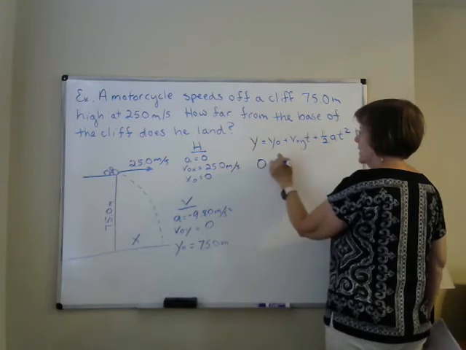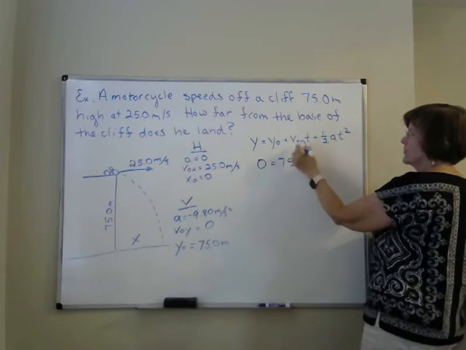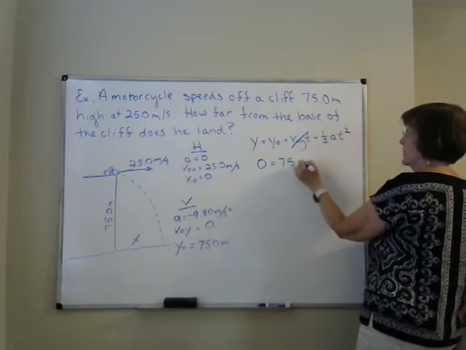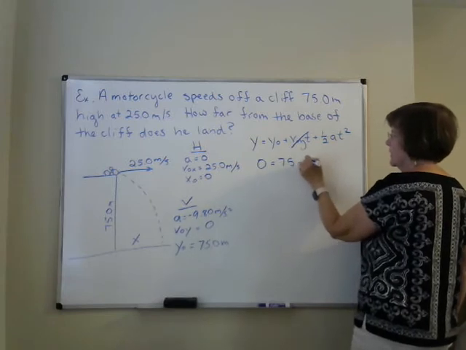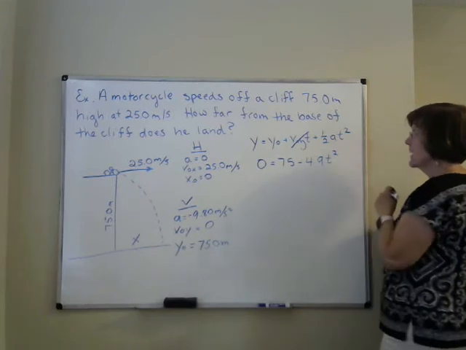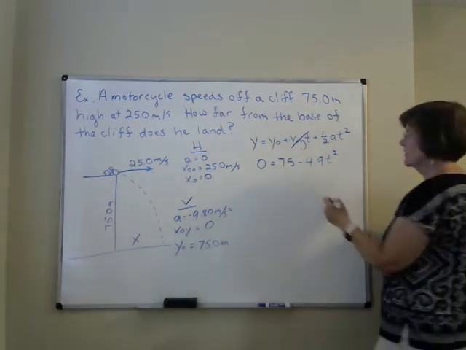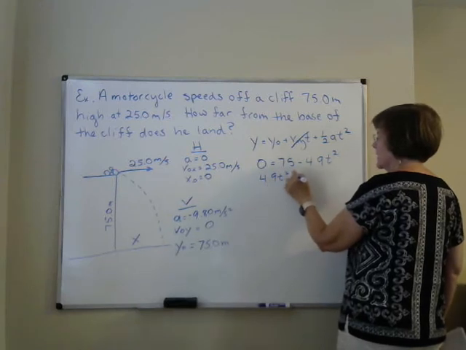He started with a height of 75. He had no initial velocity, so that's going to be 0. And then 1/2 the acceleration is negative 4.9 t squared. So actually a really easy equation to solve. When does 4.9 t squared equal 75?